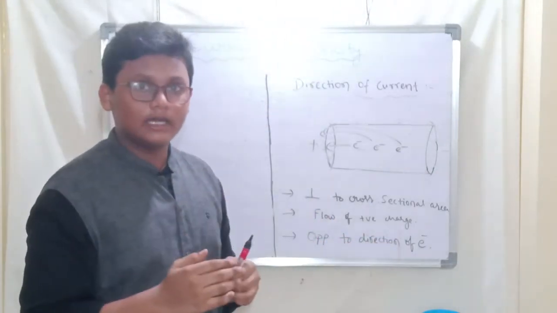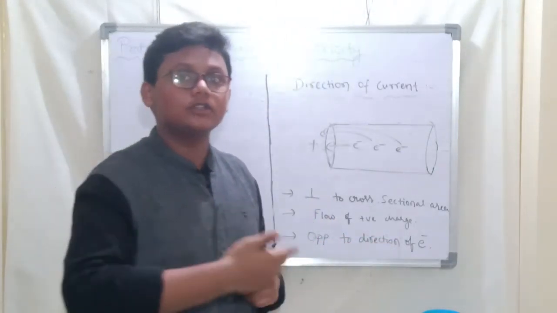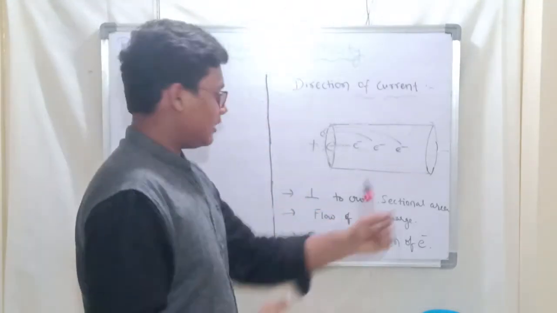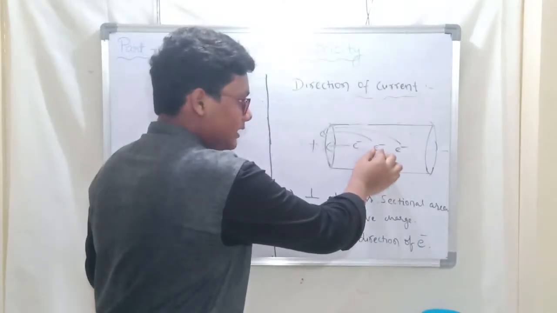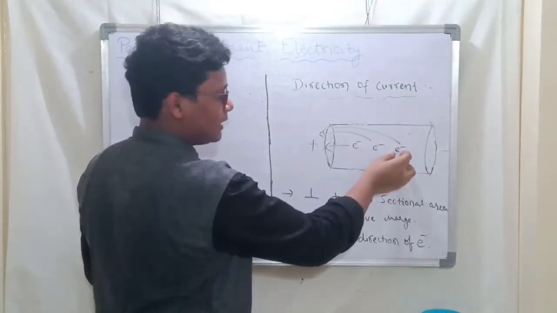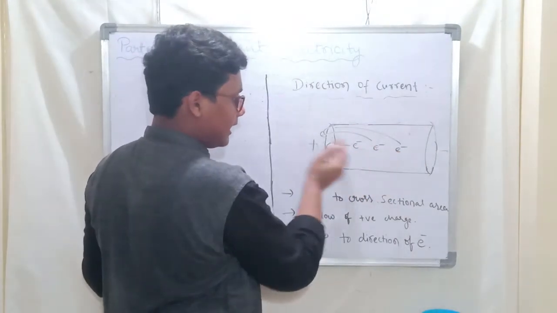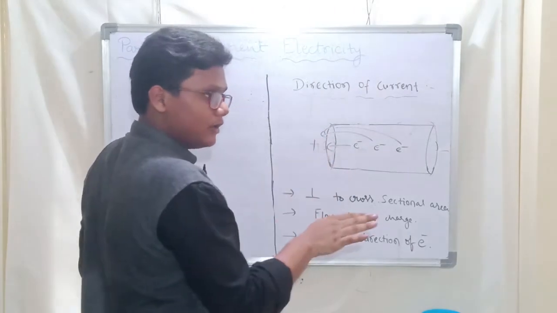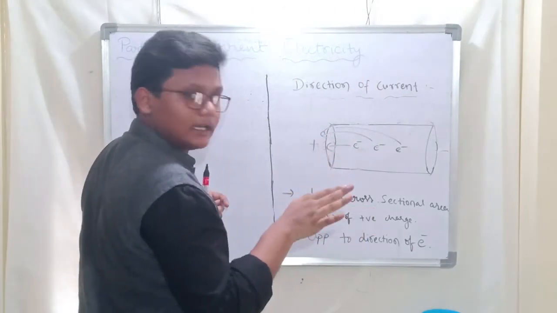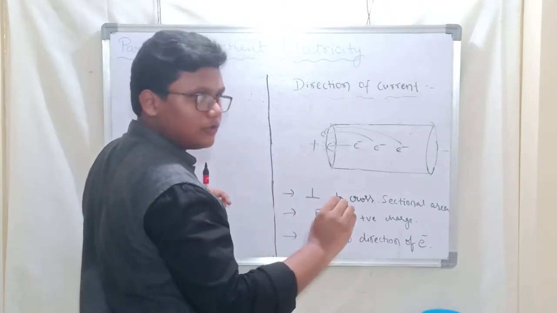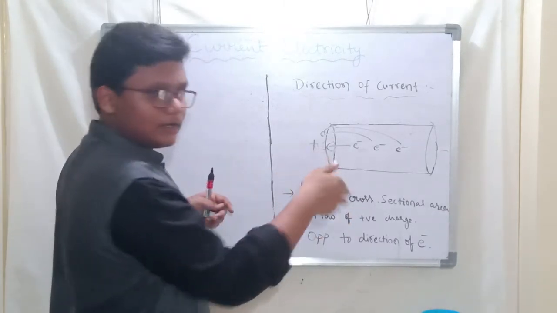So every time the electric current is opposite to the direction of electrons. Once again, the positive ions left one electron, and these electrons are attracted toward the positive side. Electric current is the rate of flow of charge, and the charge needs free space.